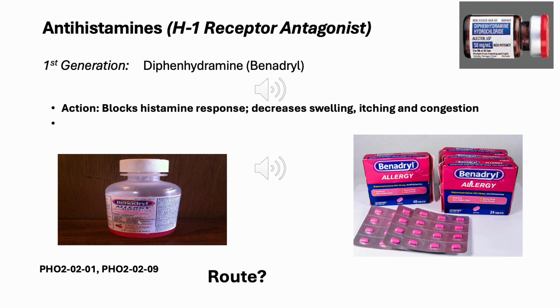The side effect of this drug is sedation; it can also cause hypertension, increased intraocular pressure, and urinary retention. Because of the sedative effect, it is important for the patient to understand to avoid consuming alcohol, especially with the first generation antihistamine.